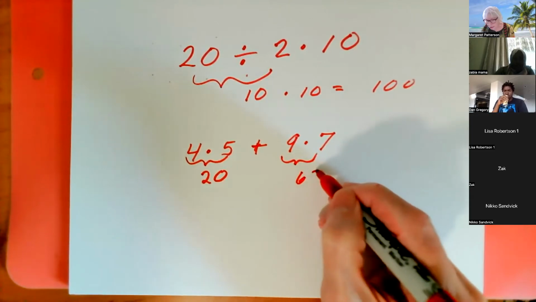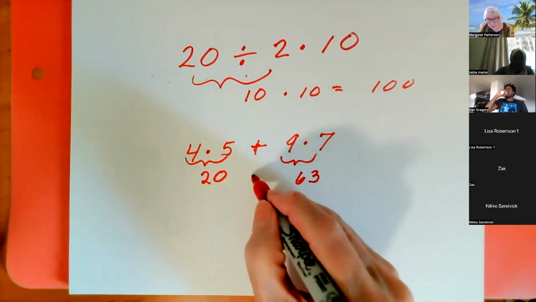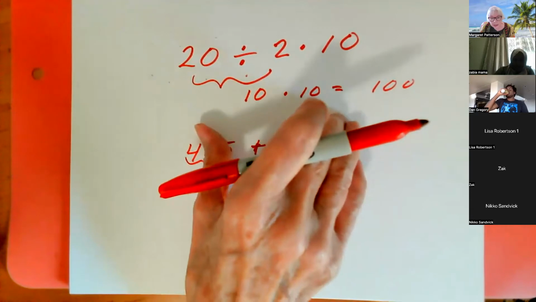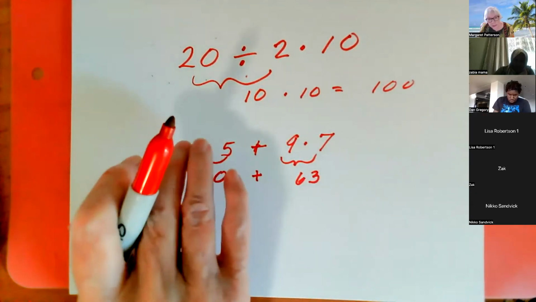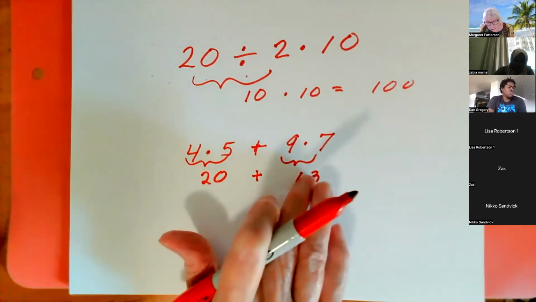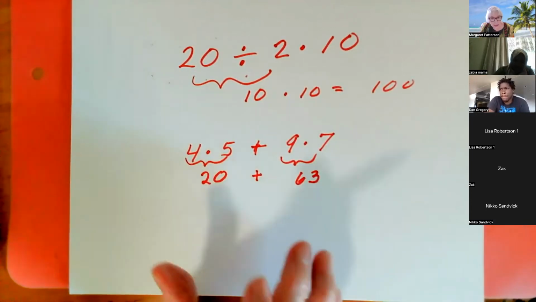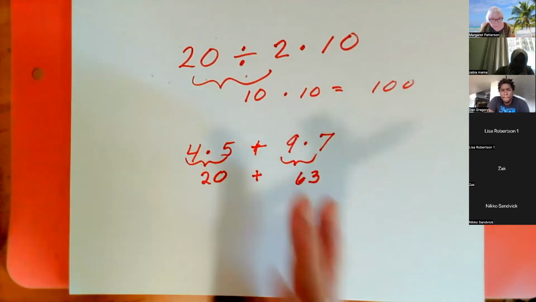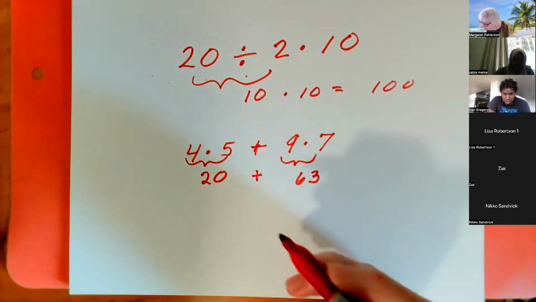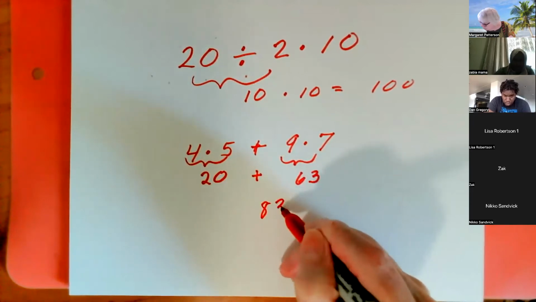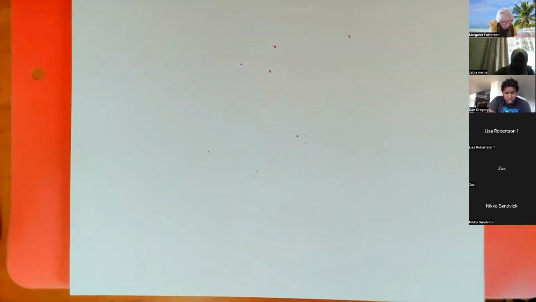Correct. Now, notice how we keep going down. This is the safest way to do it, is keep going down so that you can look back real carefully at what you've done. Now what? Add. How much? 83. Okay, 83 looks good to me.